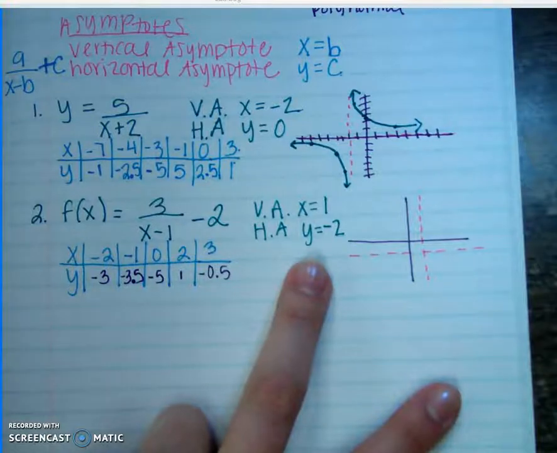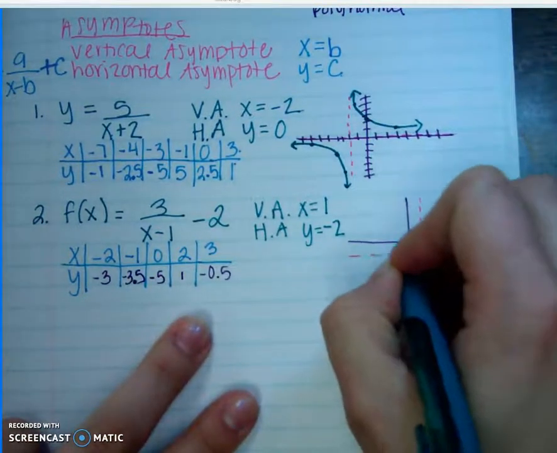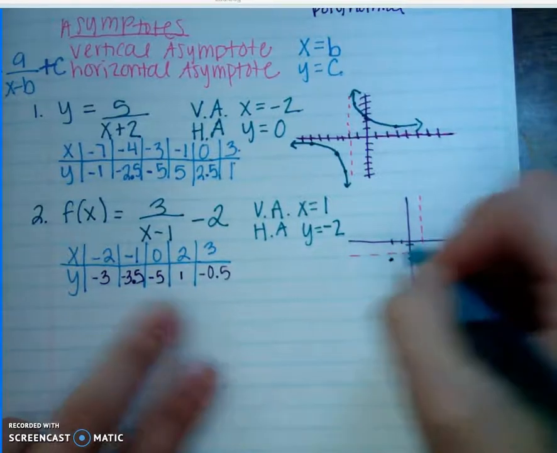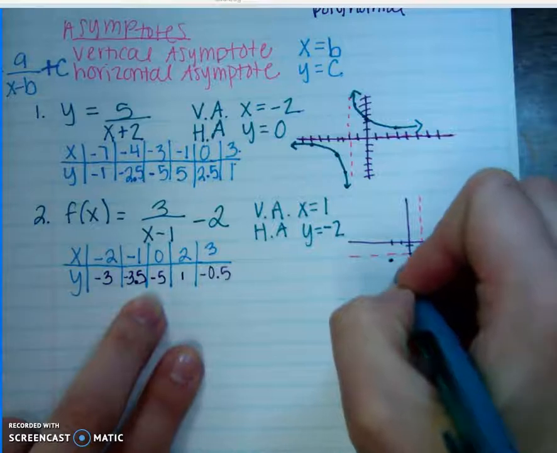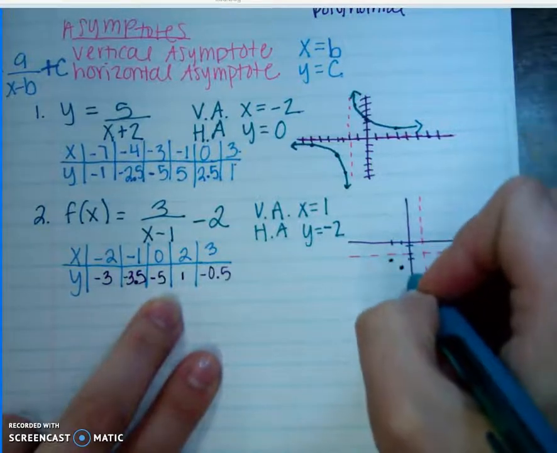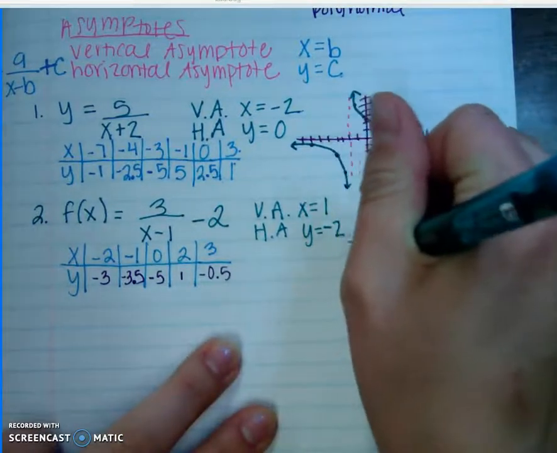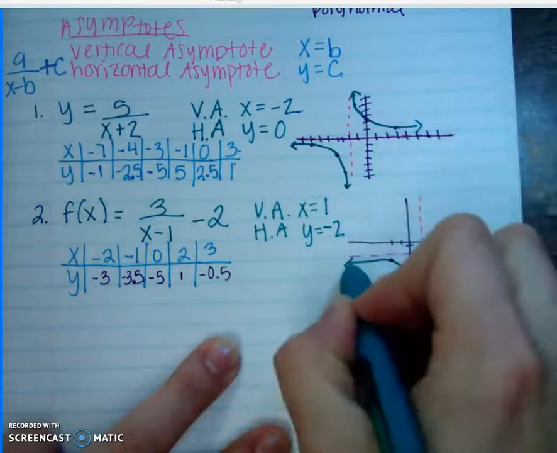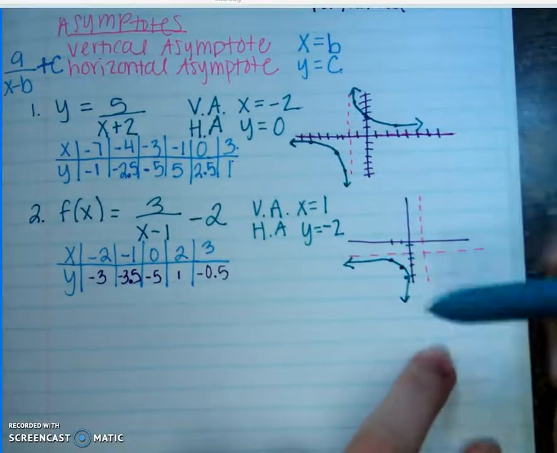All right, then I'm going to graph negative 2, negative 3. Like that. Negative 1, negative 3.5. 0, negative 5. Something like that. Maybe a little straighter than that.